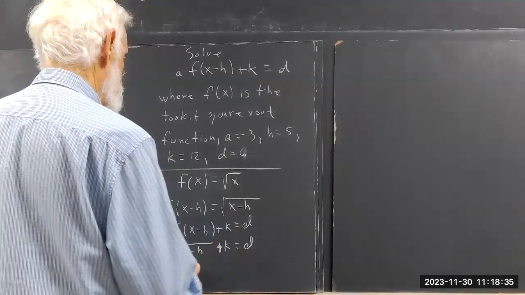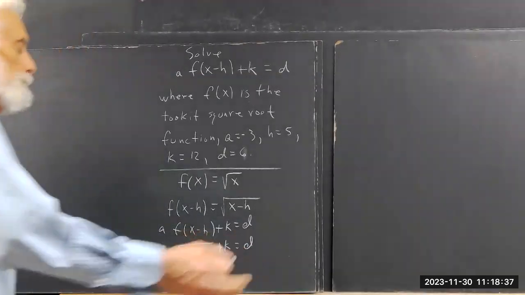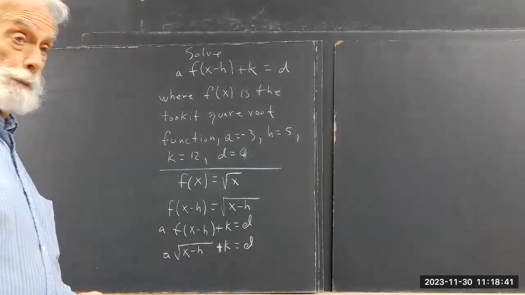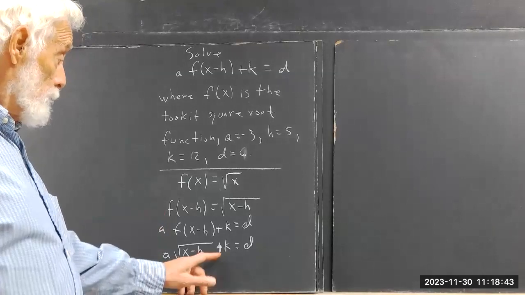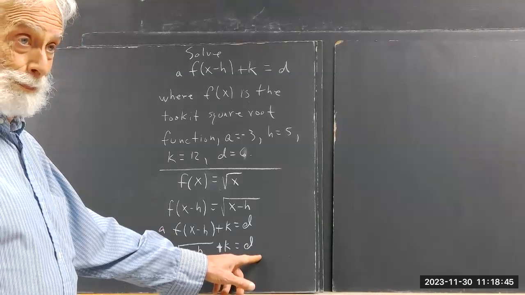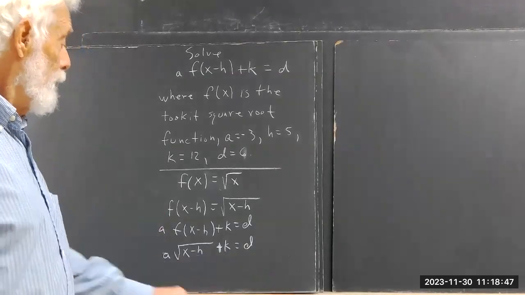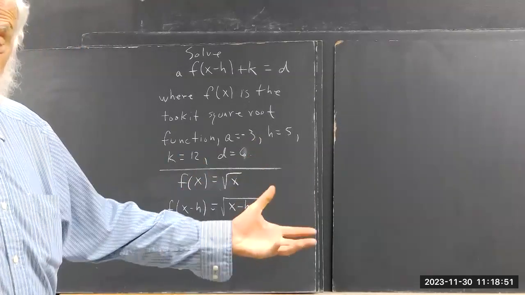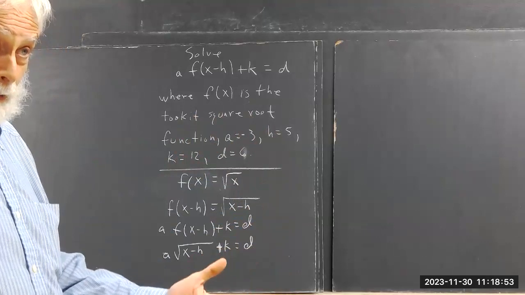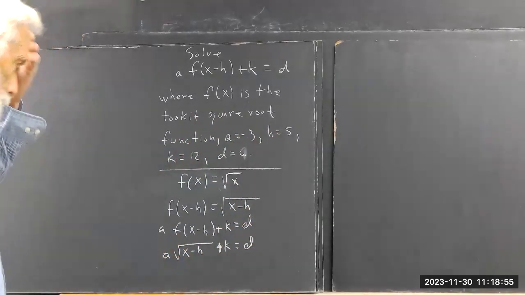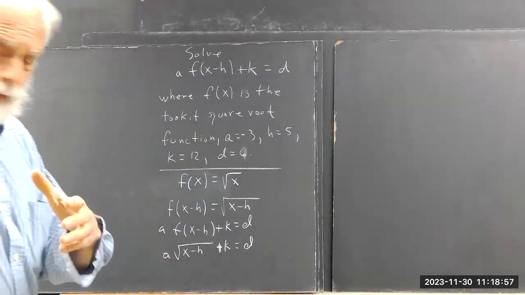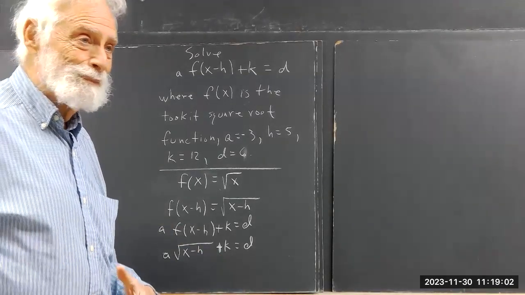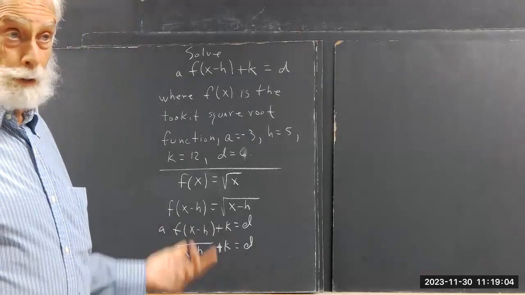And as we did in the pre-calculus class last time, we just subtract k from both sides, divide both sides by a, and then we have the square root of x minus h. We square both sides, and there it is. Now, since everybody here did that already, I'm preaching to the choir, but of course, I'm also preaching to those who aren't here, who would have done this correctly themselves.